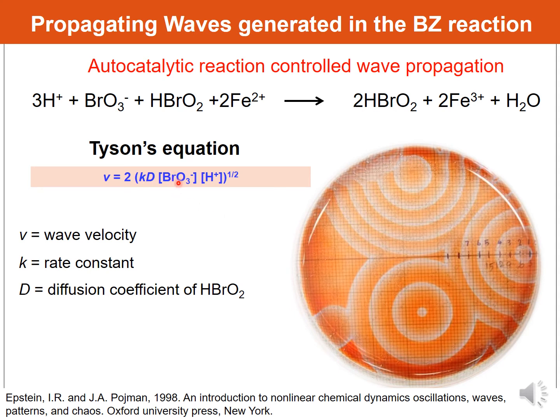So when the amount of bromate decreases because it reacts with ethanol, the velocity decreases. Wave velocity depends on a non-linear equation because wave velocity depends on bromate concentration. Imagine when bromate decreases, wave velocity decreases. This is why we find that wave velocity decreases with increasing ethanol concentration.